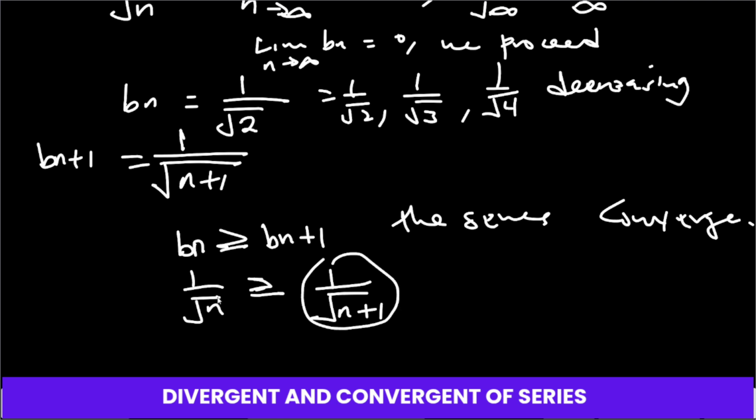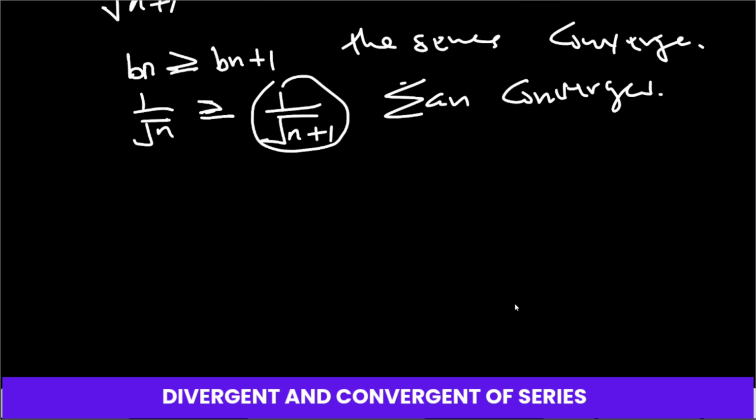So you can see that this one is greater than this. So since bn is greater than or equal to bn plus 1, then we can see that the series an converges. So that is that for an alternating series.